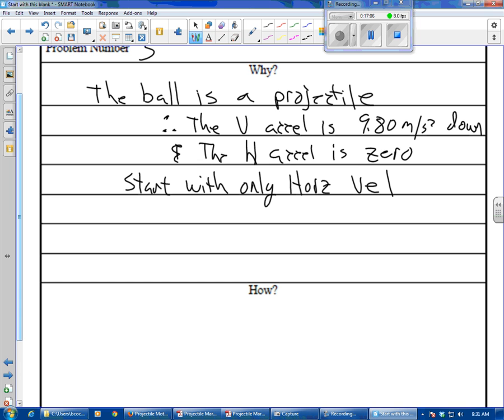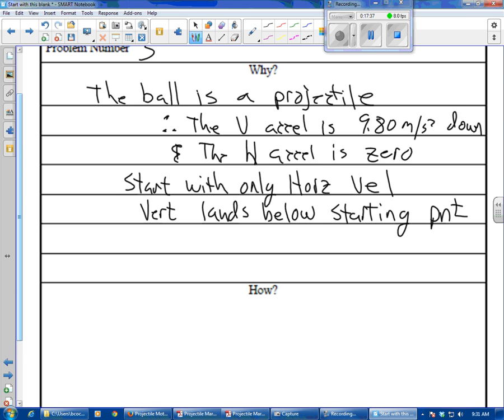Vertically, how does its landing point compare to its starting point? It's lower, right? So vertically it lands below its starting point. Horizontally, it's starting off with the horizontal velocity.